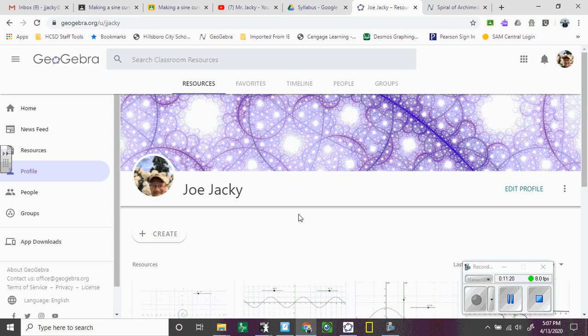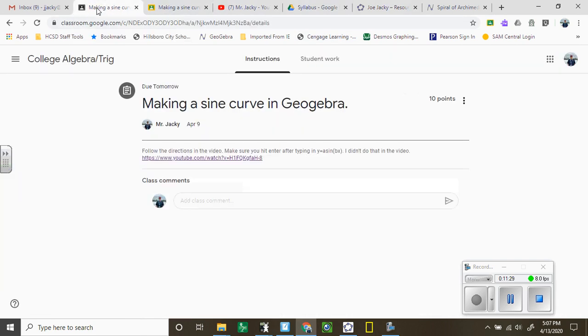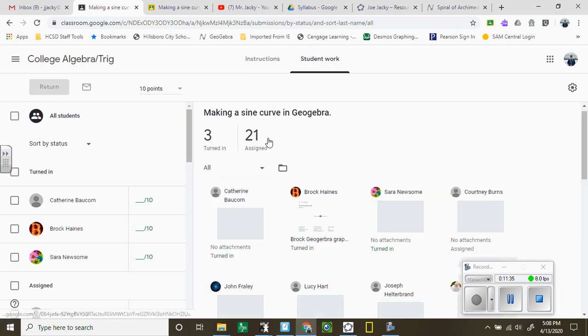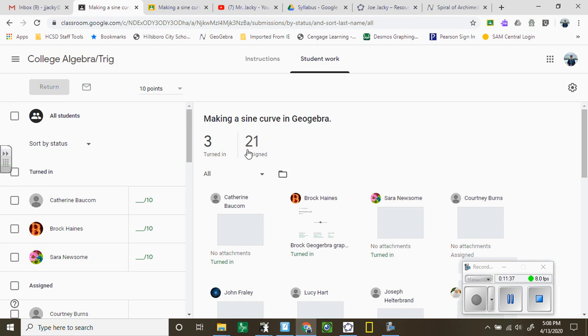I want the link to show up in the Google Classroom. So we have to figure out the best way to do that. So like right here, student work, this is where you had to make the curve here and you have to submit it.